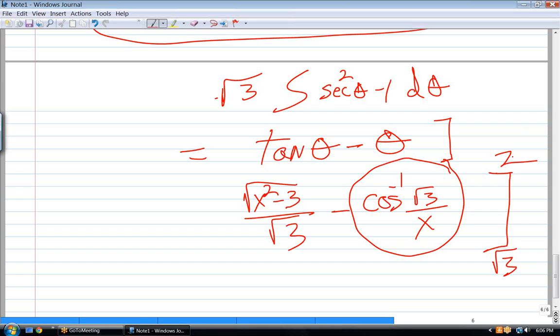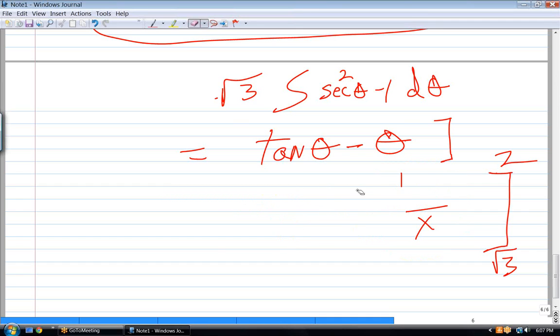If I plug in 2, I'm going to get an angle. Well, there's a reason this is an example where it is. I'm not going to do this. I do have to change my limits of integration.